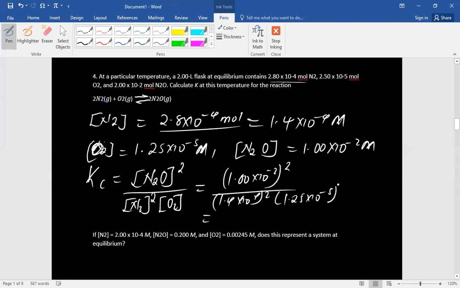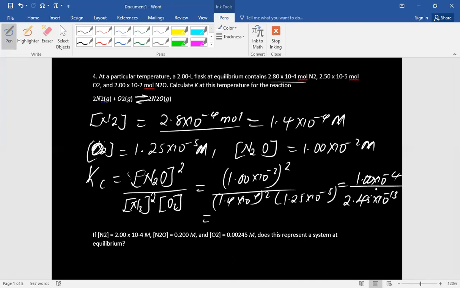Let me just write it so that in case you have time, you can find the answer. Power negative 13. And on the numerator, we have 1.00 exponent negative 2, then squared, so this is 1.00 times 10 power negative 4. That divided by 2.45 exponent negative 13.